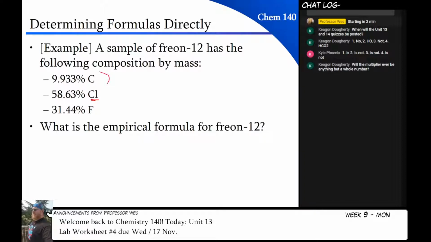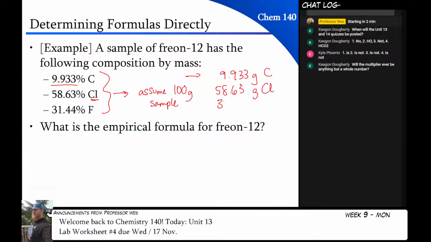If I give you a mass percentage, here's the easy way to do it. Assume that I gave you 100 grams of it, then these numbers times 100 grams is just this number of grams. So in a 100 gram sample, there's how much carbon you have, how much chlorine you have, and how much fluorine you have.